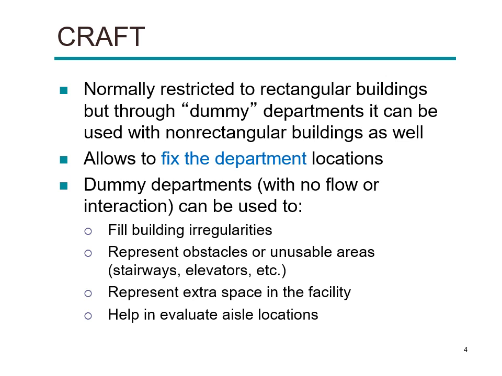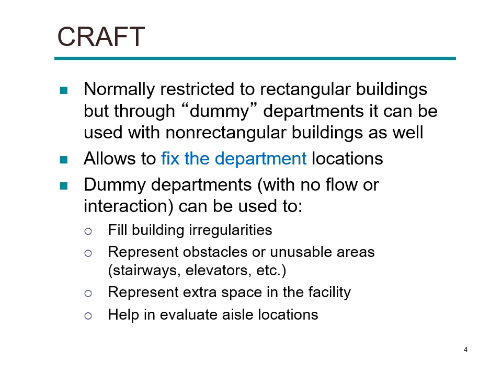So if you want to have a shape other than the rectangular one, you can use a number of dummy departments by giving zero or artificial flows with these departments, and you can fix their positions so that you can establish layouts other than rectangular shapes, or inside your layout you may have different building irregularities.